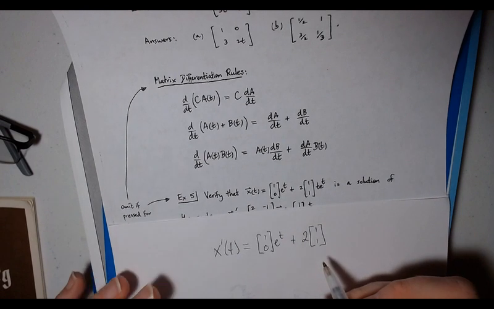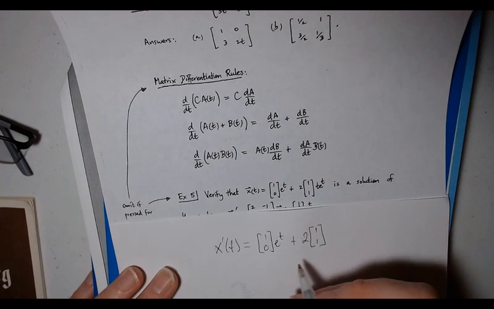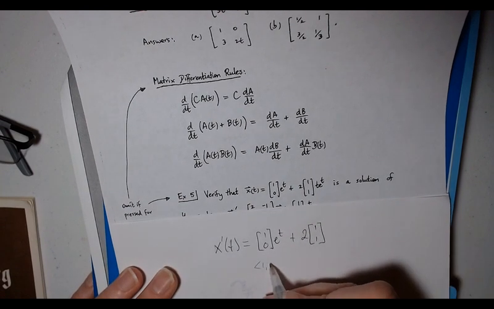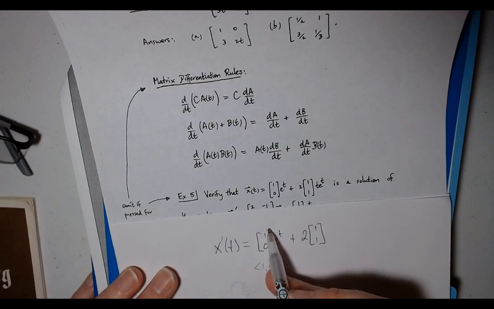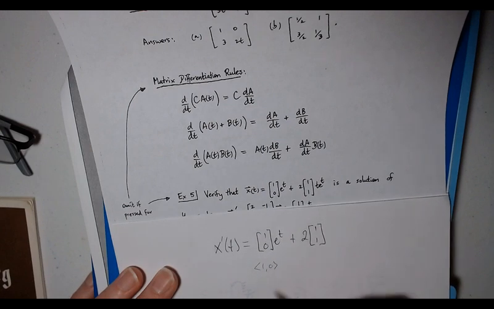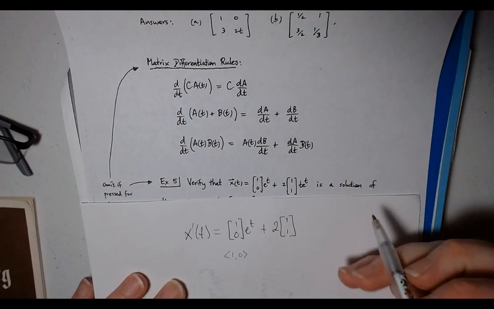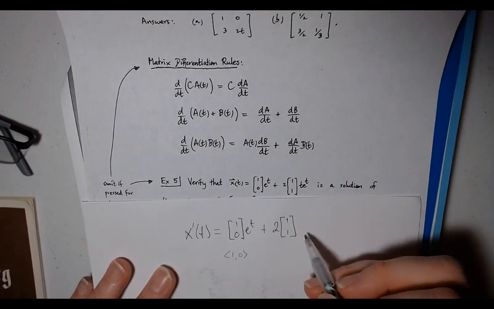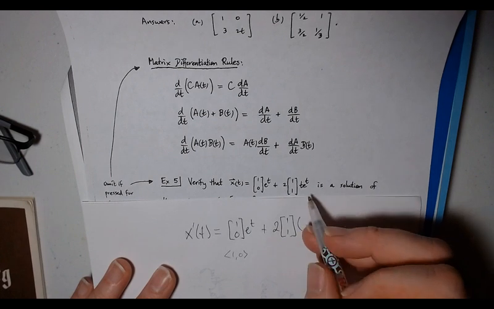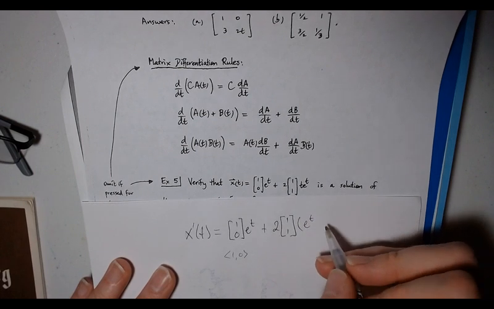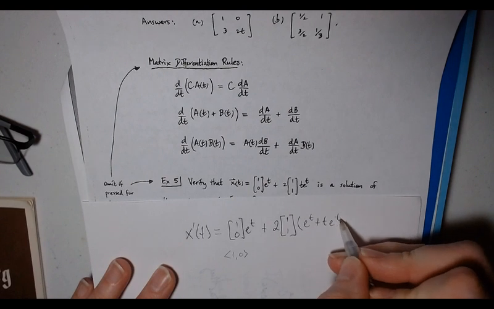If you've only done Calc 3 vectors, these are equivalent to this, except we care about this being in column form. But otherwise, it's just a constant vector. So the 2, 1, 1, those are all constants. And then that's e to the t plus t e to the t.